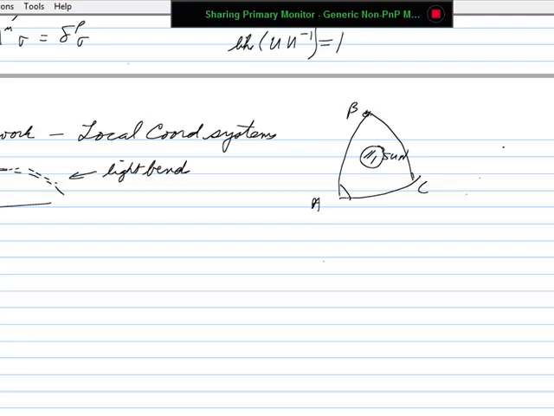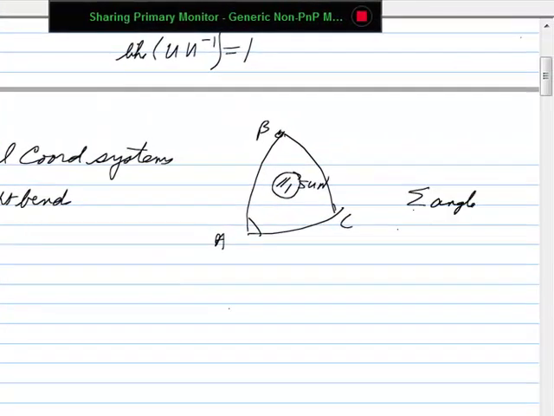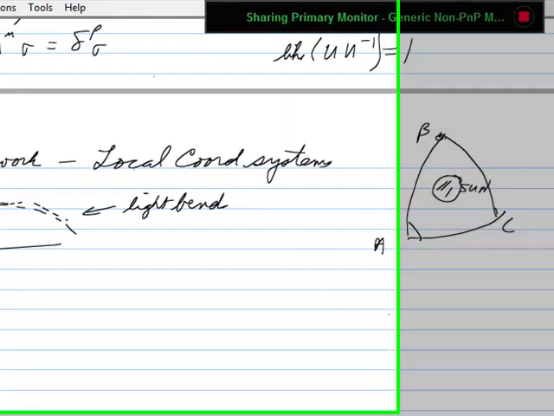You would find that the sum of the angles is greater than 180 degrees, and so these guys would become confused pretty quickly. Once you start using light to survey, and if you tried using rulers, the rulers will also sag in the gravitational field. So you're starting to get confused.